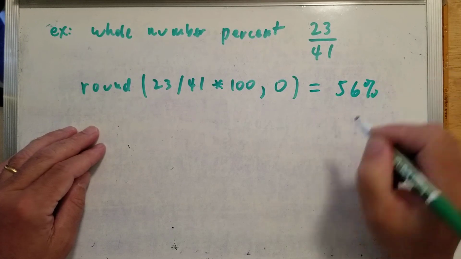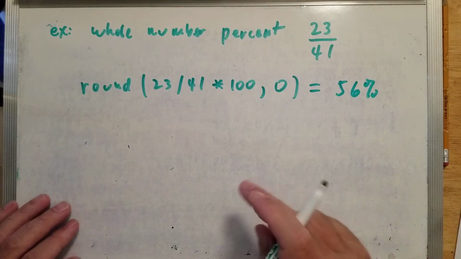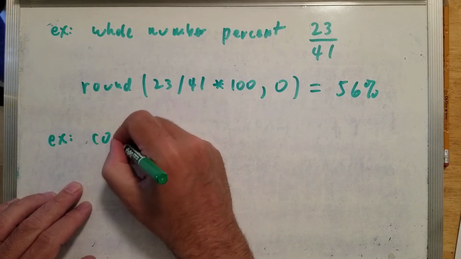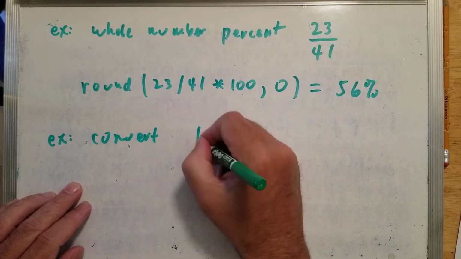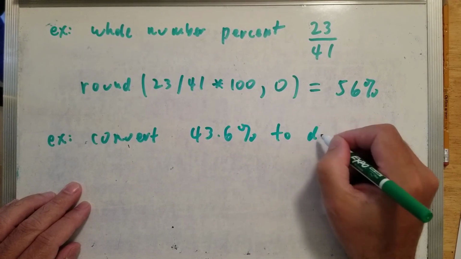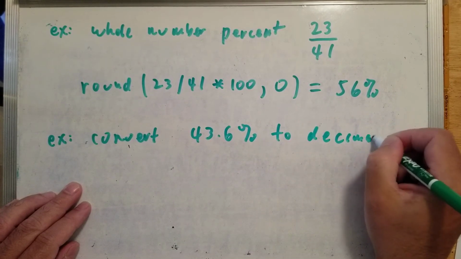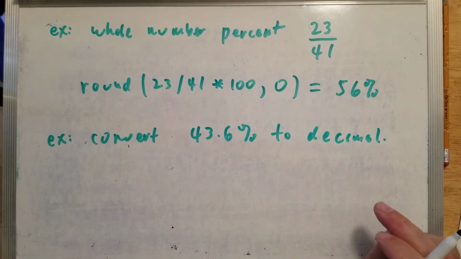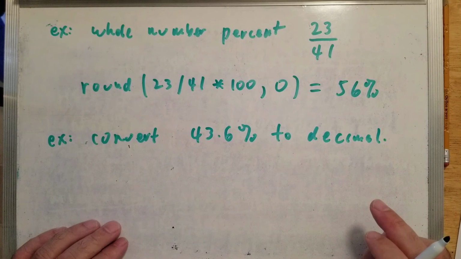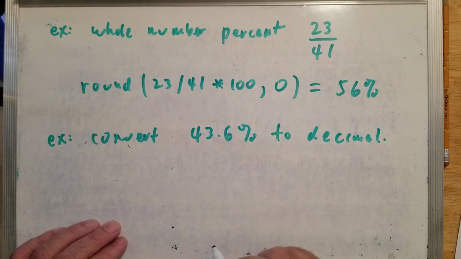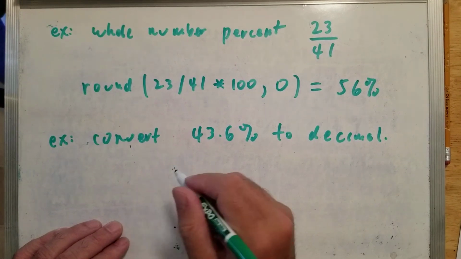Okay. Now I want to do one more example here, and this is converting a percent to a decimal. Convert 43.6% to a decimal. Now it doesn't say any rounding, so I'm not going to mess around with the round business, but to convert a percent to a decimal, what I'm going to do is divide the percent by 100.